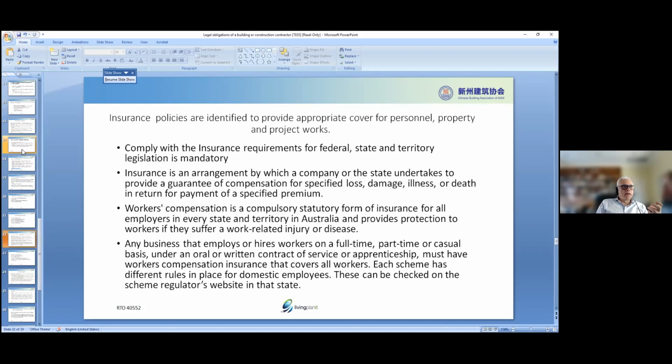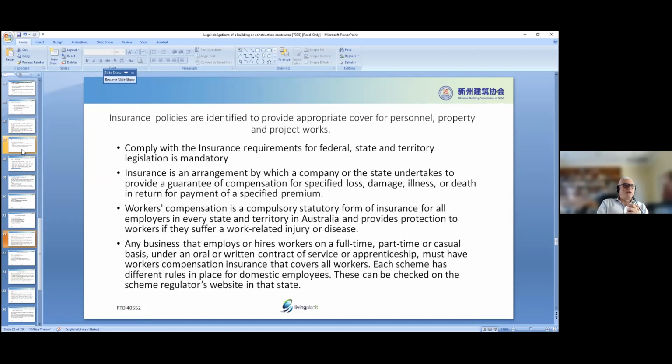Generally, what we do as a builder is we request these things from our subcontractors. We must request to see these insurances and make sure they have them. So we see copies of them, take copies of them, and keep them in our files. Because let's say you have a worker who gets injured on your site. You're the builder, you've employed a team of painters, and one of them falls off a ladder and becomes a quadriplegic.